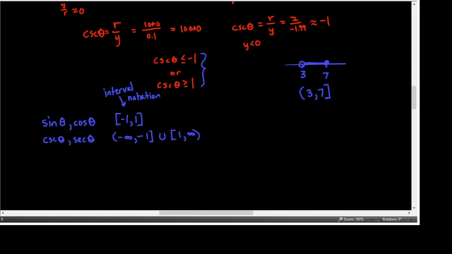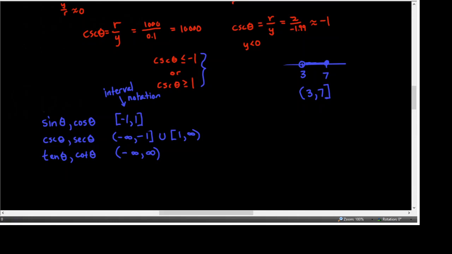That's the same thing as what's up there. And then for tangent and cotangent, again, those are cofunctions, so they have the same kind of range. That's any real number from negative infinity to infinity.